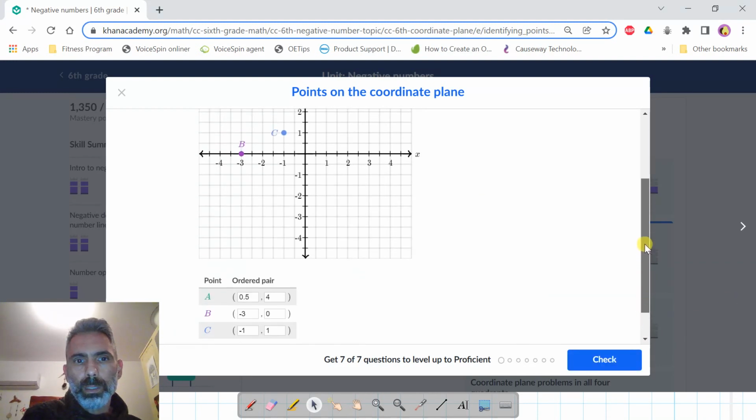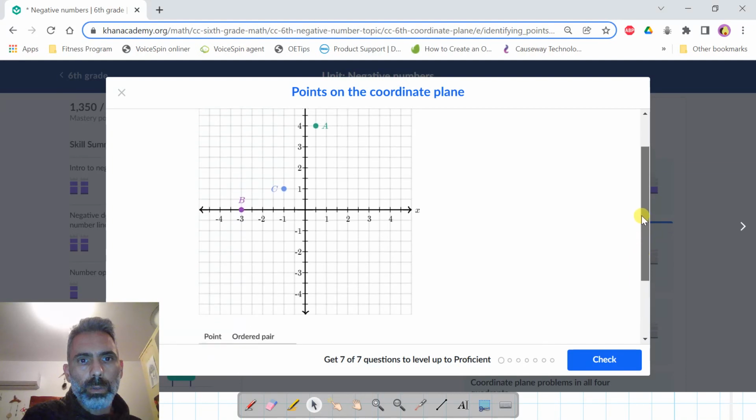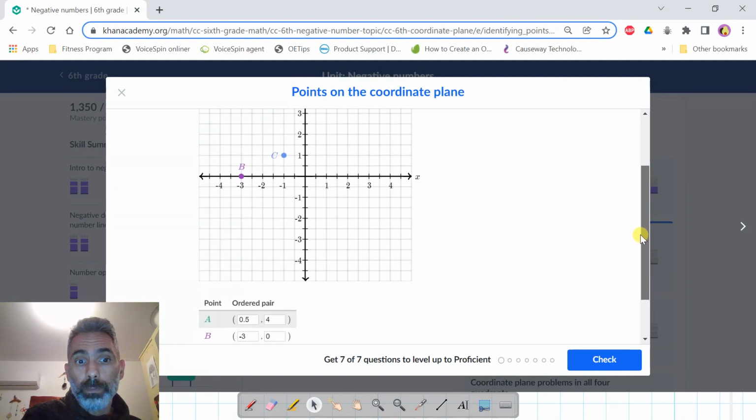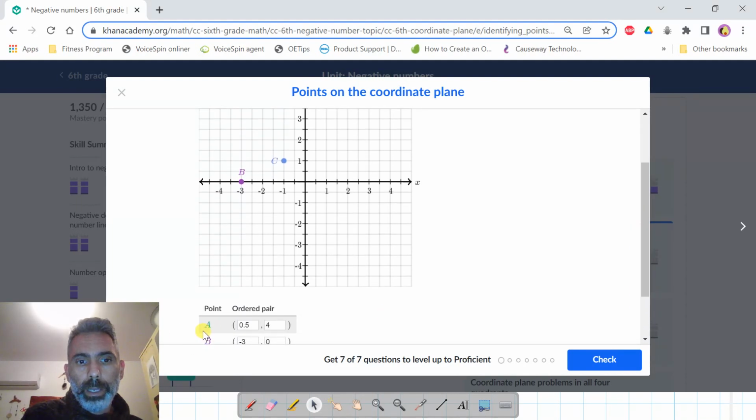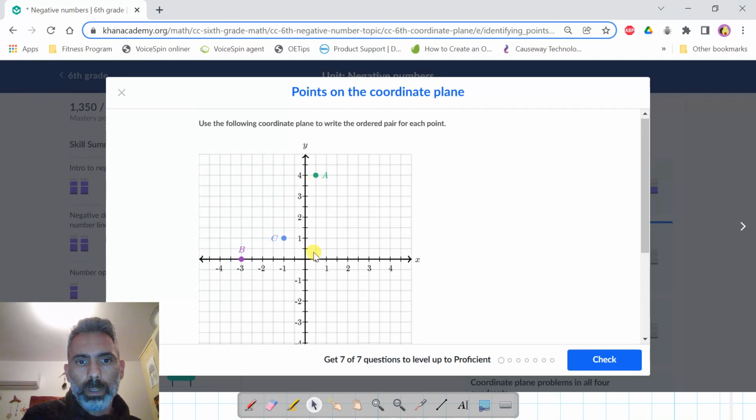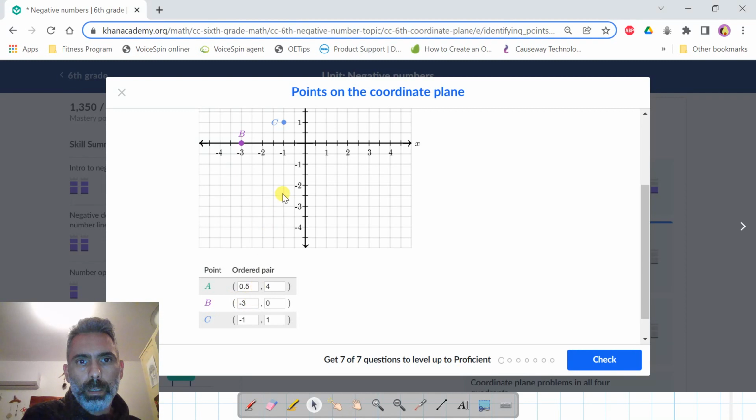Now let's check to see that I don't have any mistakes like before. A is (0.5, 4). B is negative 3 on the x and 0 on the y, and C is negative 1 on the x and positive 1 on the y. Okay.